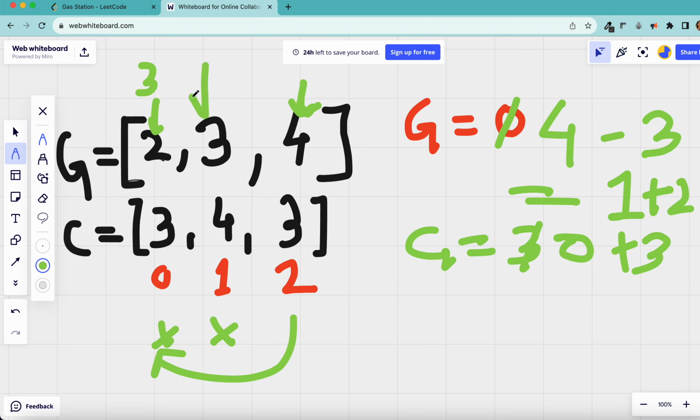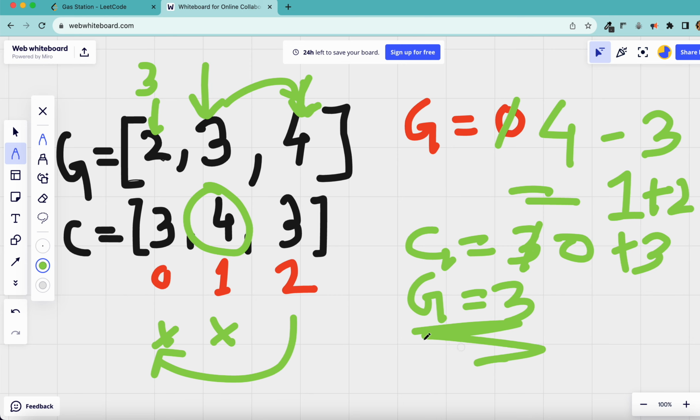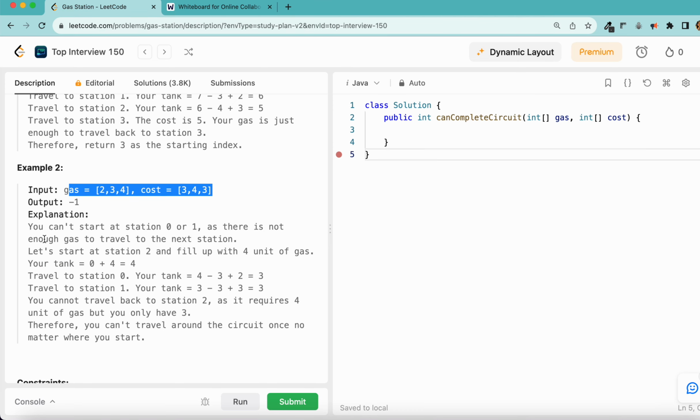So I am here and my gas is still 3. Now I have to move from here to here, but the cost of moving is 4, so I cannot move with this. So this is also not a feasible solution. Since all 3 are not feasible solutions, they are returning -1.